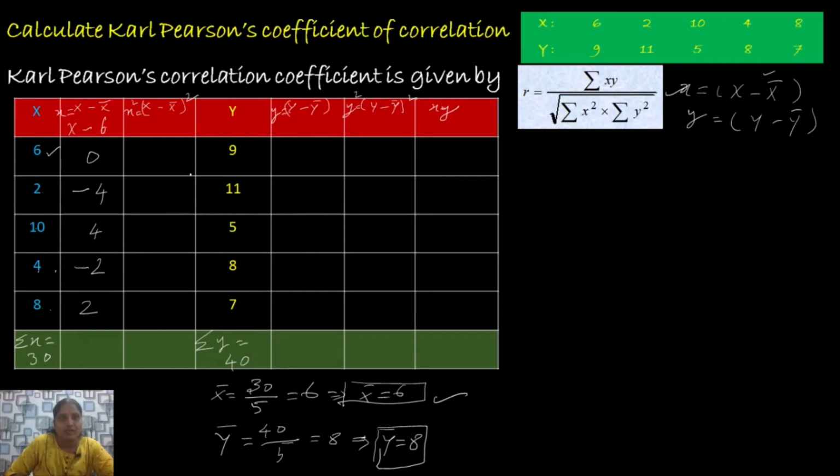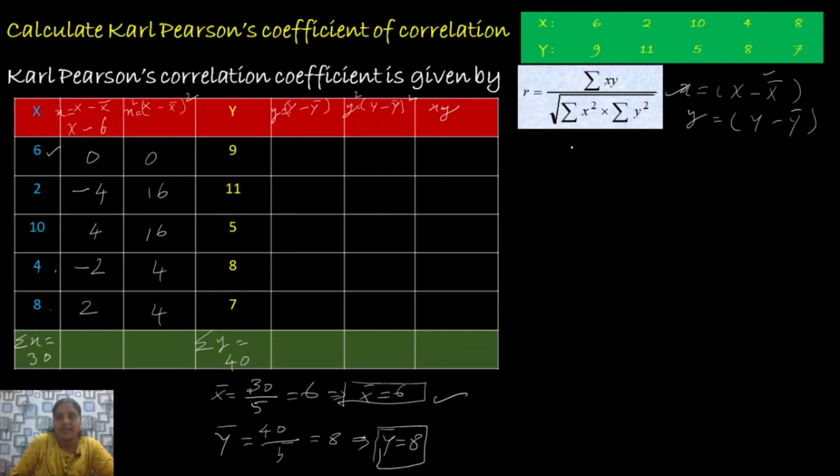Now, let me calculate x minus x bar the whole square, that is the square of these values. 0 square, 0. Minus 4 square is 16, plus 4 square 16, minus 2 square 4, and 2 square 4.